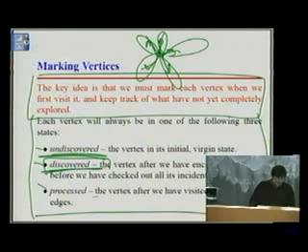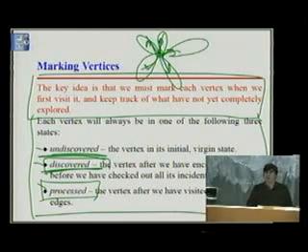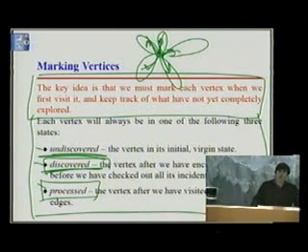So at some point, a vertex is going to be processed, done, finished exploring, once I have looked at all the outgoing edges from it. Any questions about that? So we can think of graph traversal as being, for every vertex in the graph, an evolution from virgin undiscovered to completely processed and done with. Any questions about that?